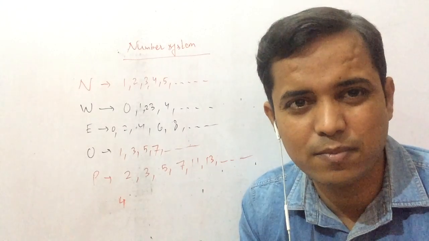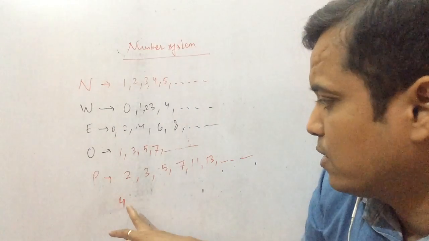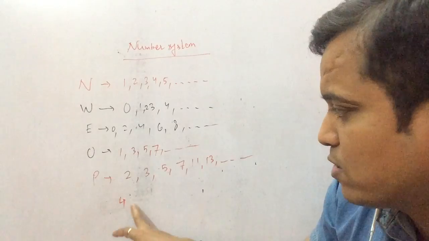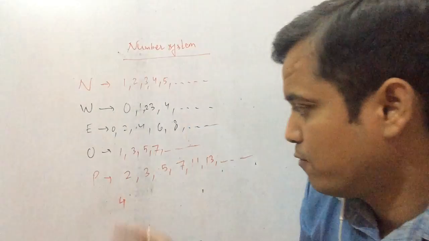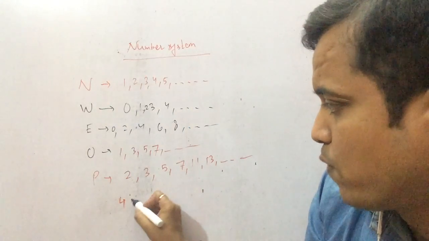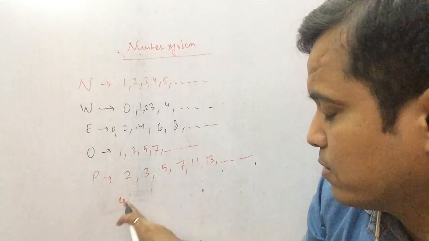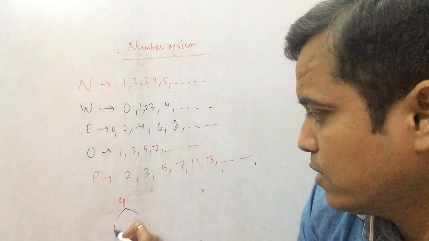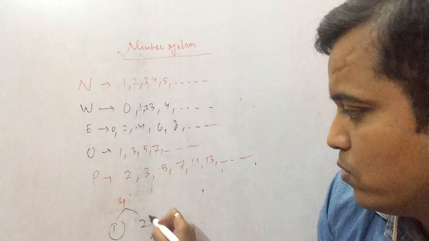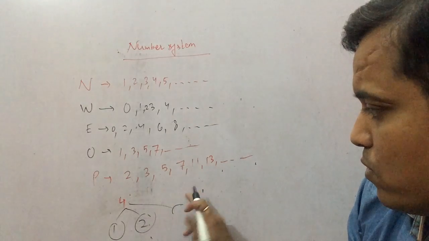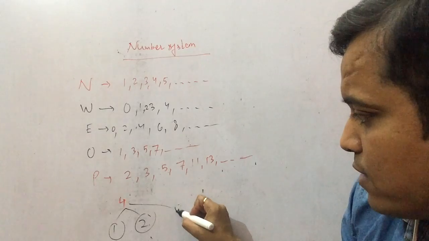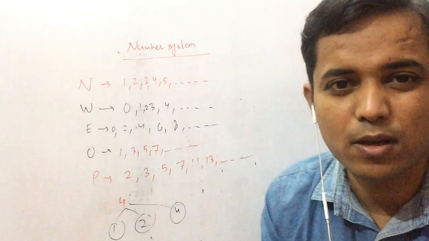Very important thing to notice. For example, 4 has three factors: 1, 2, and 4 itself. So since it has three factors, it comes in composite numbers.